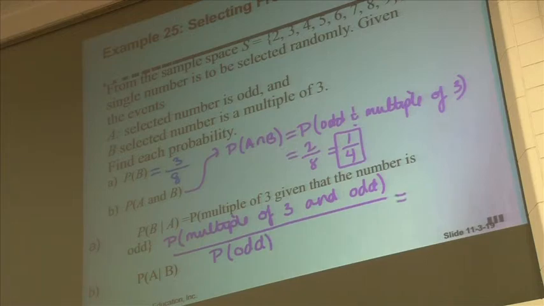The probability that it's a multiple of 3 and odd we just did in part B. So the top of this is going to be 1 out of 4. And the probability that the number is odd is 4 out of 8. You punch that into your calculator, you should get 1 out of 2.